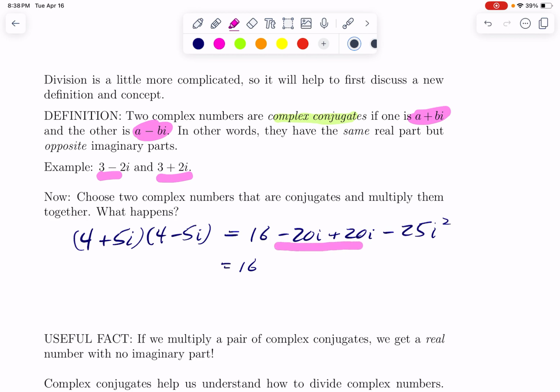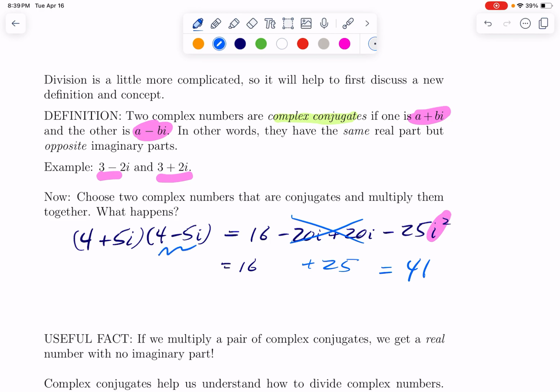Negative 20i plus 20i, that just cancels. And then remembering that i squared is negative 1, what I have here is plus 25, and my whole answer is 41.